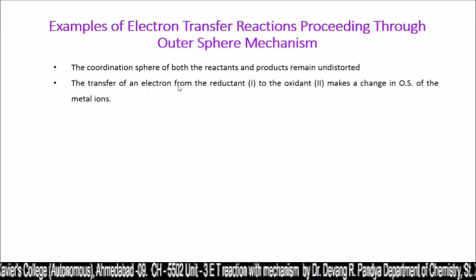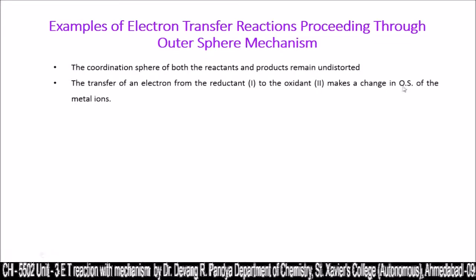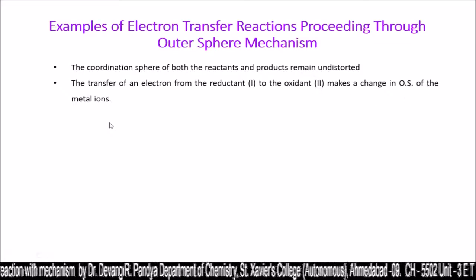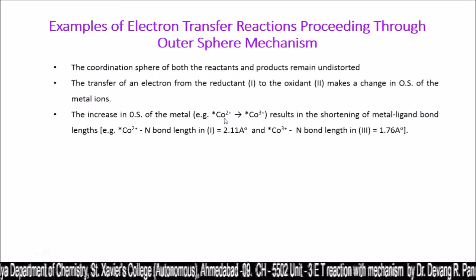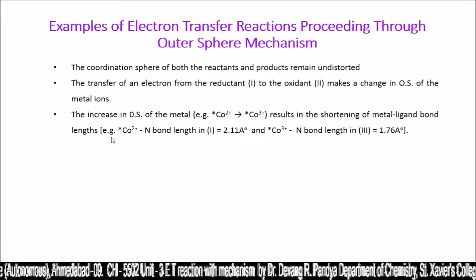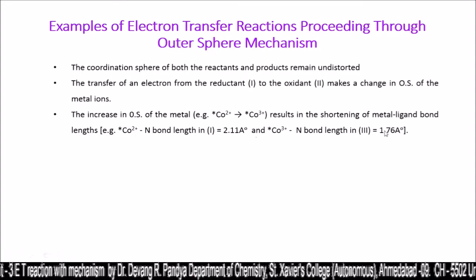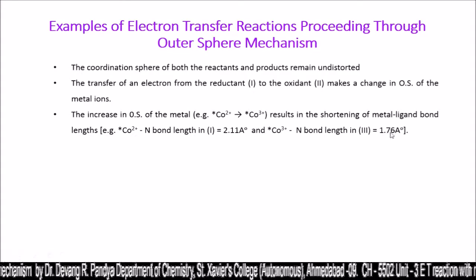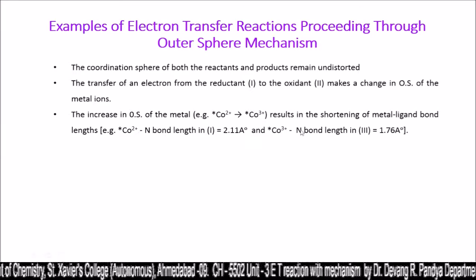The transfer of an electron from reductant to oxidant changes the oxidation state of the metal ions only. The increase in oxidation state of the metal from +2 to +3 results in the shortening of the metal-ligand bond length, which we have already seen goes from 2.11 angstrom to 1.76 angstrom. As the oxidation state increases, bond length decreases.